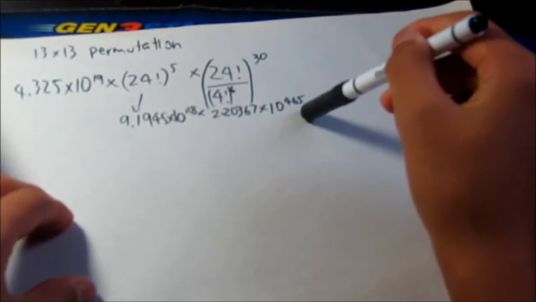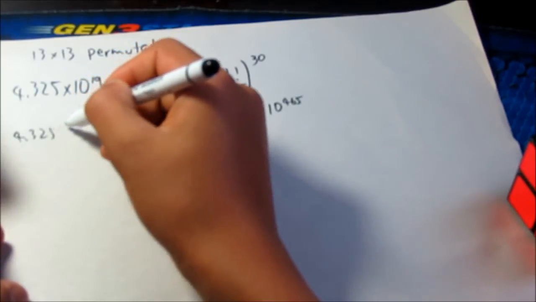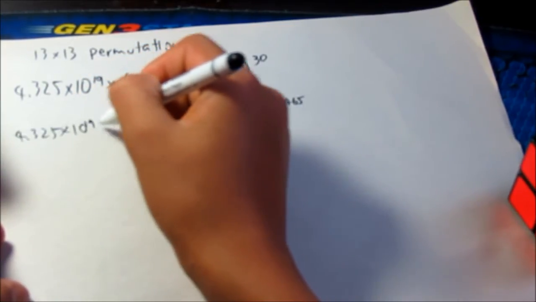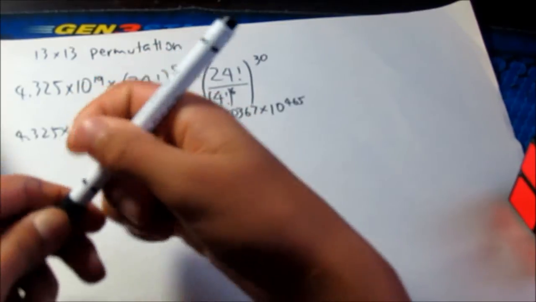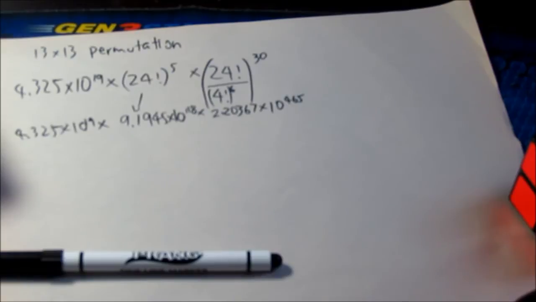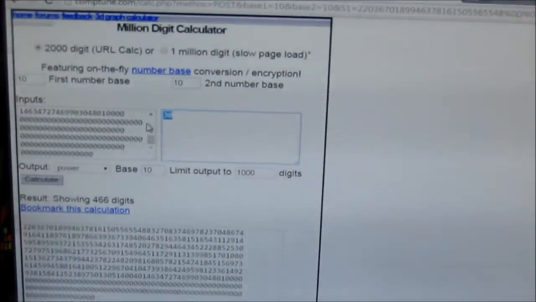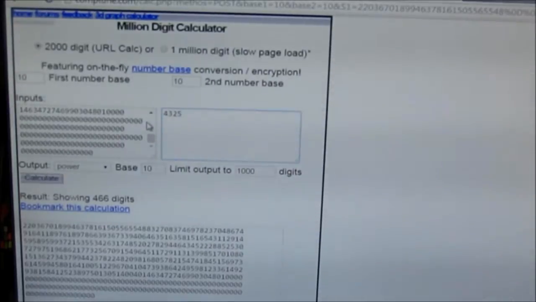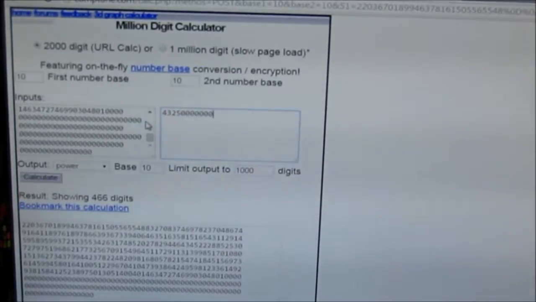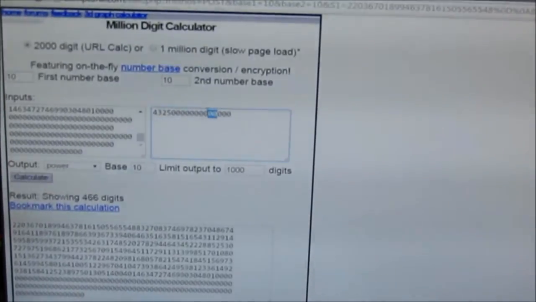So that is a big number, so you multiply them together. So you take this number, the massive number that we saw, let's say 4325. I think that's enough.